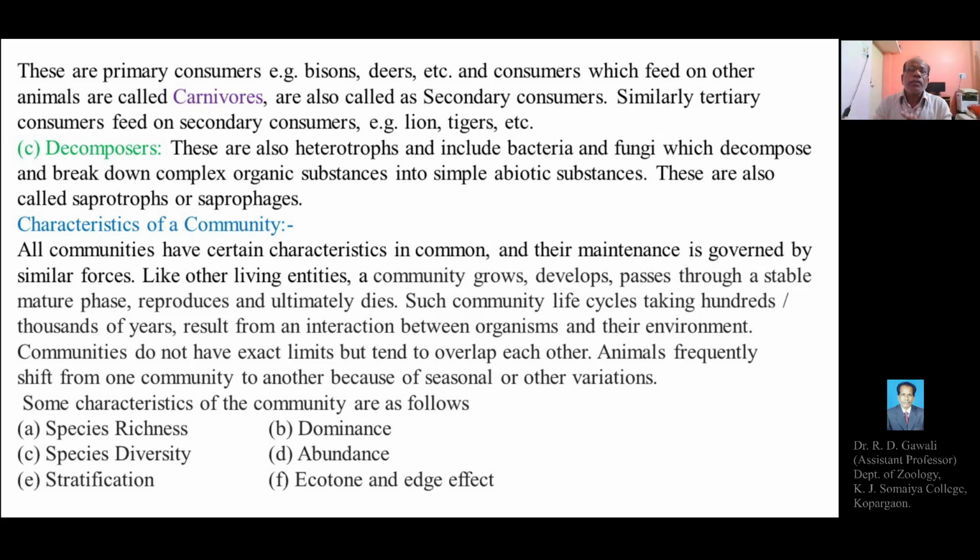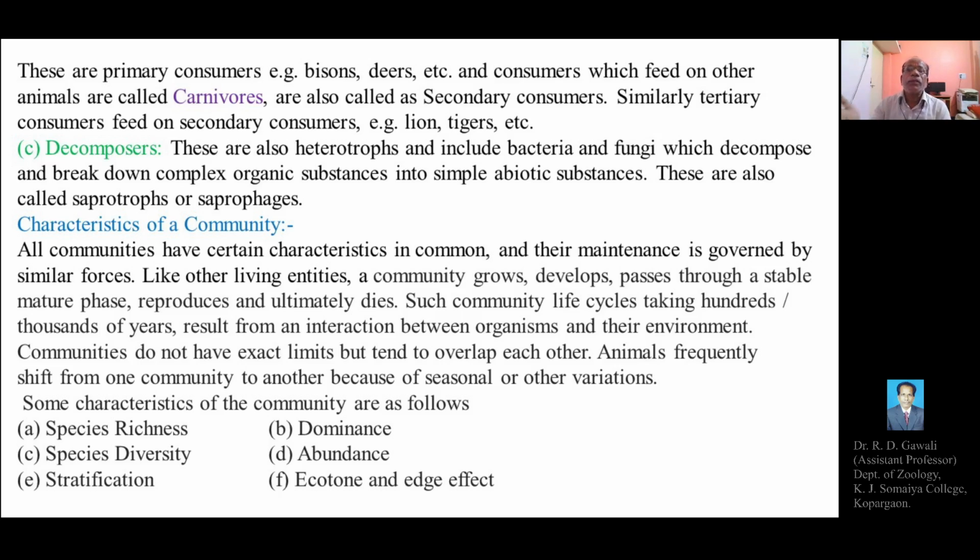Communities do not have an exact limit or span, but tend to overlap each other. Animals frequently shift from one community to another.